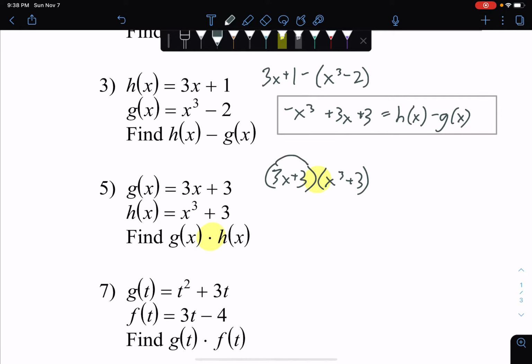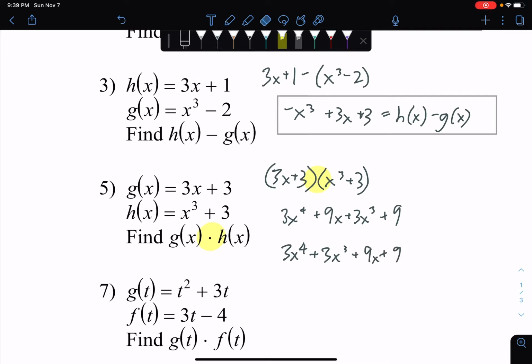So quadratic, we use the FOIL method, just like how we solve quadratic expressions. So 3x raised to 4 plus 9x plus 3x raised to 3 plus 9. So it's already simplified, I suppose. We'll just correct the alignment. So 3x raised to 4 plus 3x raised to 3 plus 9x plus 9 is equivalent to g of x times h of x.